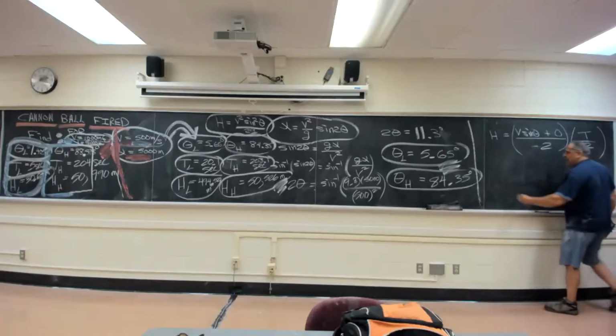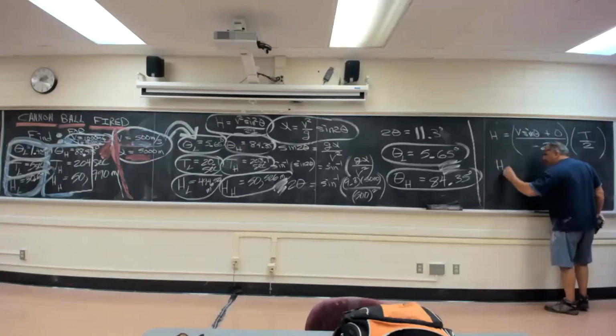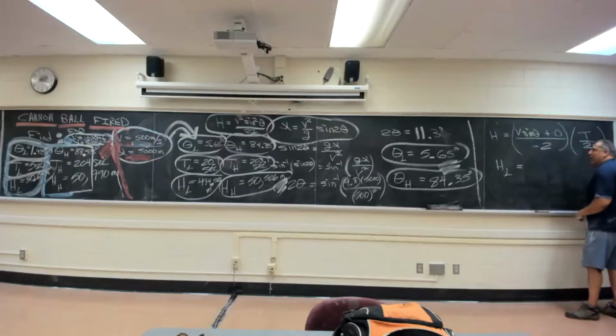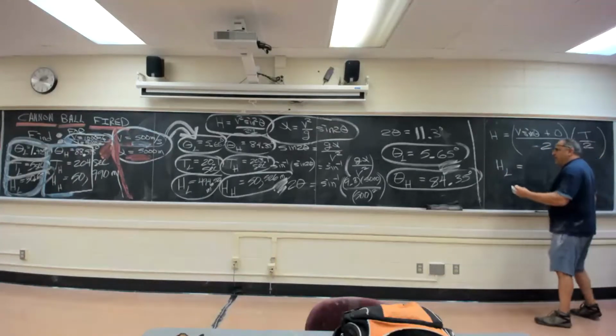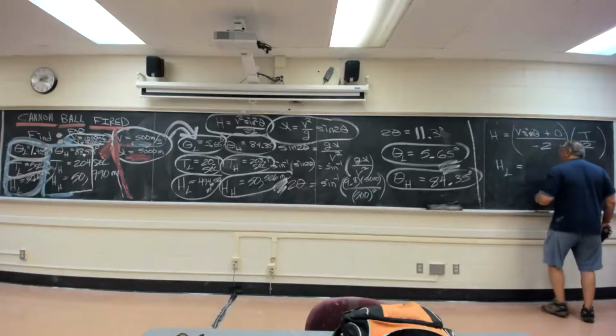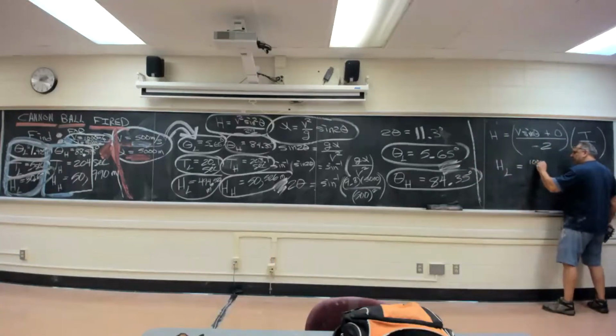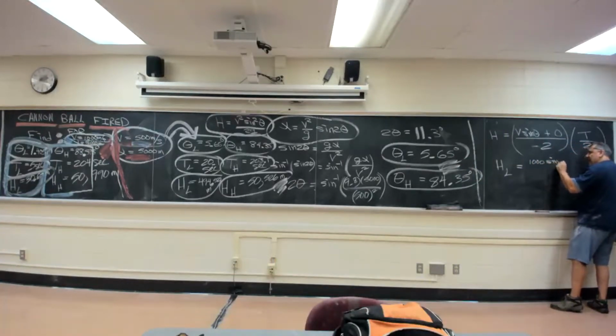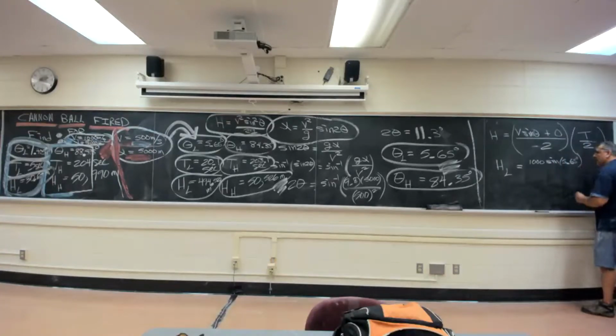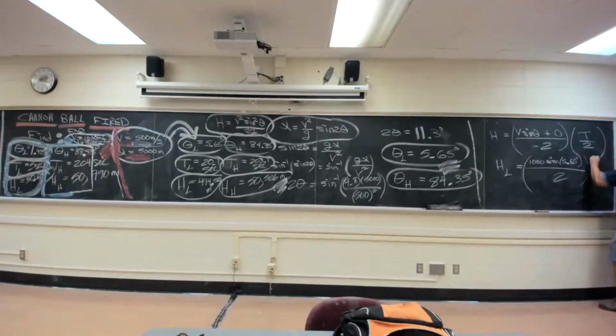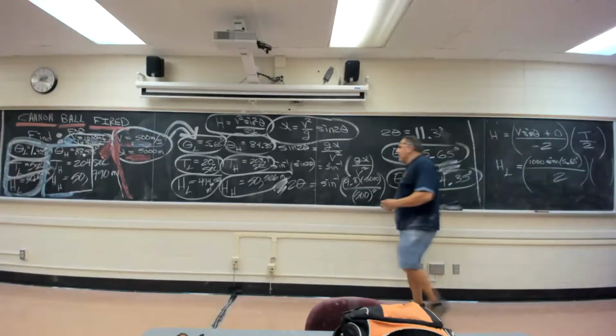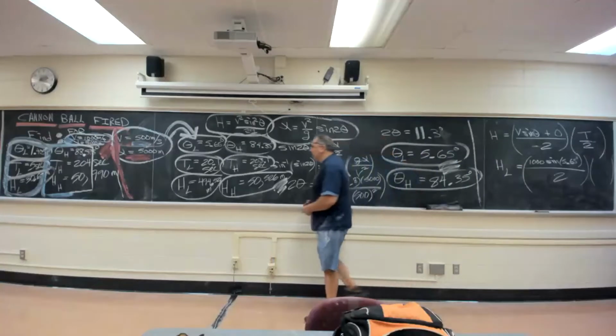I wonder about the low one, for example, for this guy, 5.65. Why don't you take 1,000 and multiply by the sine of 5.65, add 0 to it, which is just the same as you got, divide by 2, and multiply it by half the flight time for this guy, the new one, the 5.65.